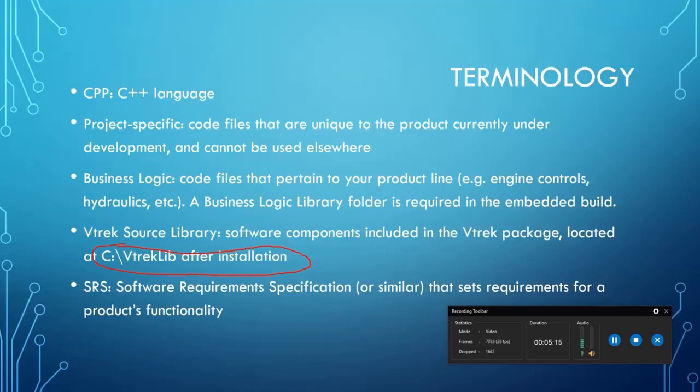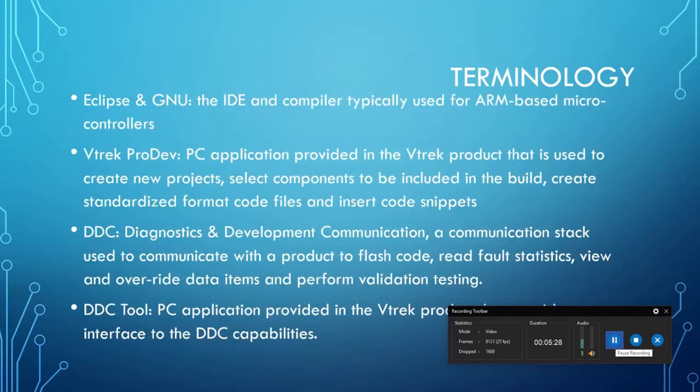If you hear us refer to SRS, we're talking about the software requirement specification, or whatever your company calls it. This is a set of requirements for a particular product's functionality. Okay, if you hear us talk about Eclipse or GNU, Eclipse is the IDE. It's free.